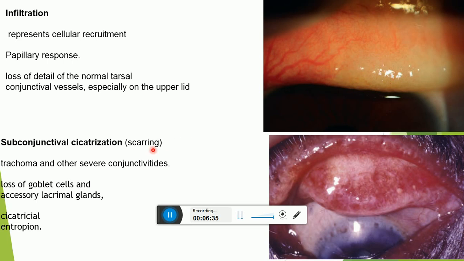Another reaction is subconjunctival cicatrization or scarring, occurring in trachoma. Other causes are severe forms of conjunctivitis. With severe scarring, there is loss of goblet cells and loss of accessory lacrimal glands, which can lead to cicatricial changes and also cicatricial entropion.